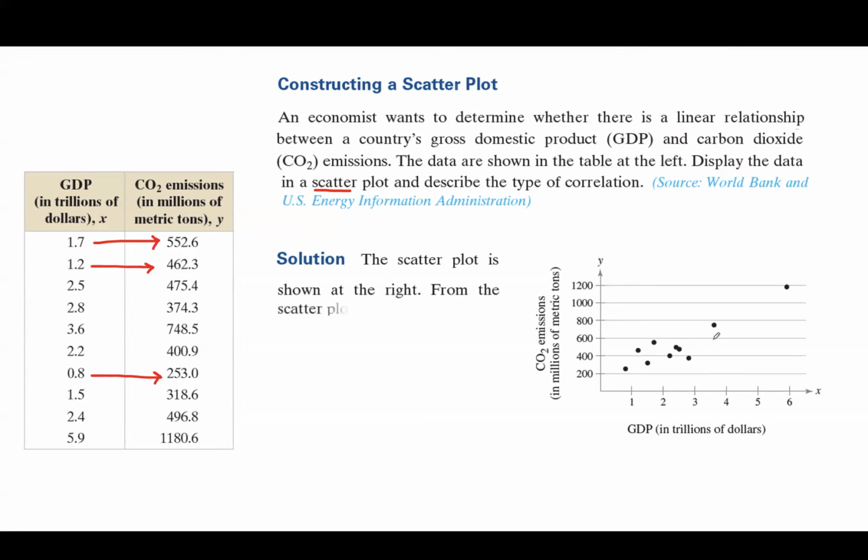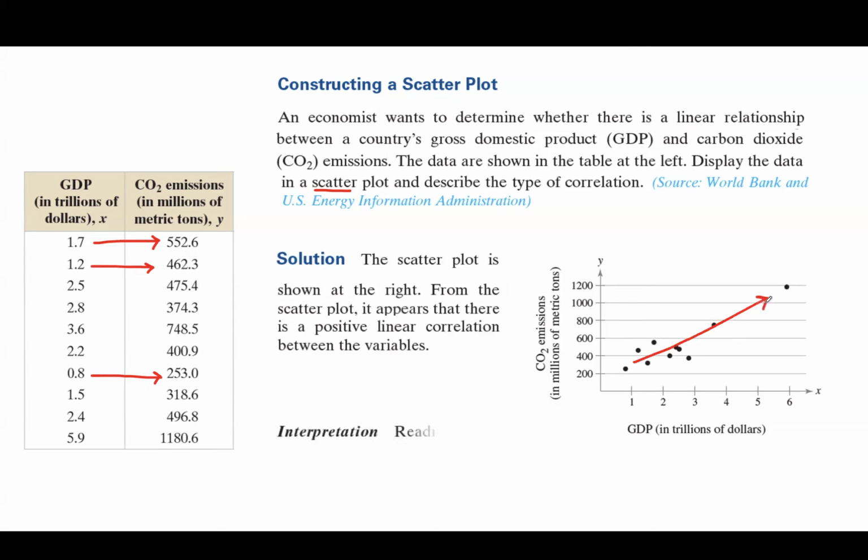From the scatter plot, it appears that there is a positive linear correlation between X and Y. Why is that? If you look at the behavior of these dots, even though we don't have all the dots in between, if we imagine a line passing through them, it's an increasing line. What is the interpretation here?